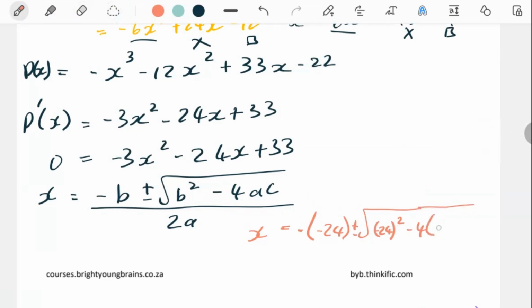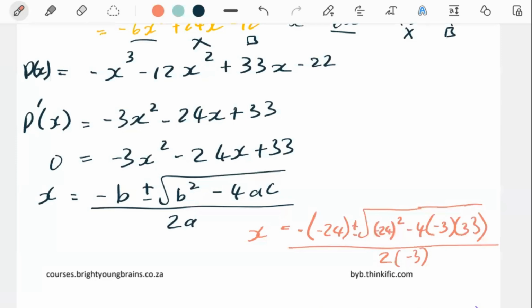Our a value is negative 3, and then your c value is 33, over 2a. So putting all this into the calculator, obviously before I do so, I would want to double check that I have done everything correctly. And so far, everything looks fine. I don't see any errors as such.